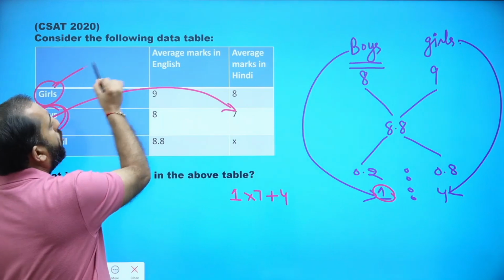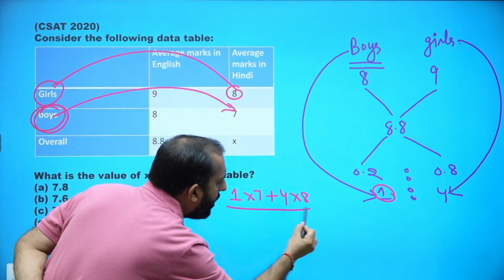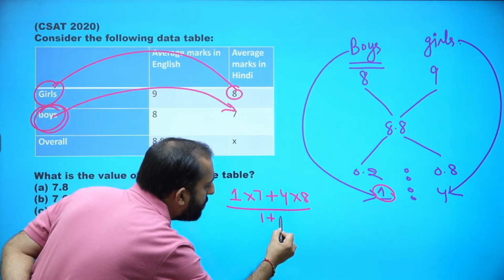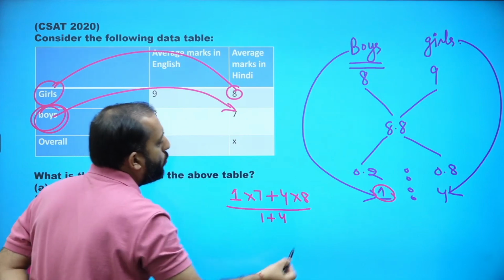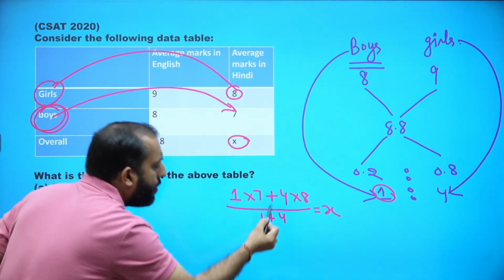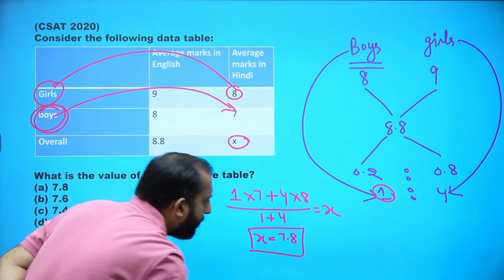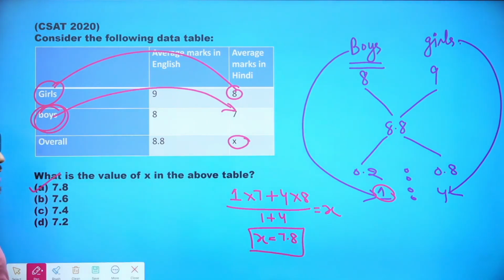And average score of girls in Hindi is 8, divided by number of boys plus number of girls, which is equal to X. And if you solve this, it comes out to be equal to 7.8. Hence answer is option A. I hope guys this is clear to everyone. Okay, now kindly make a note of it. Let's move on.